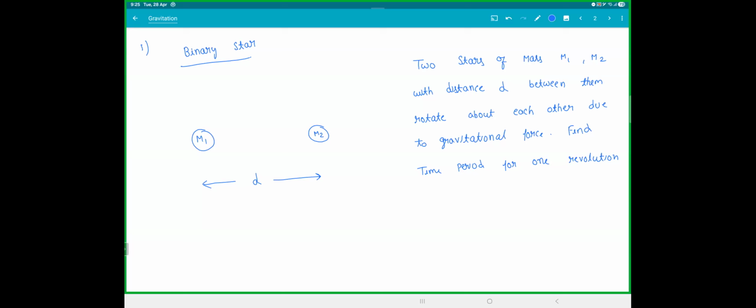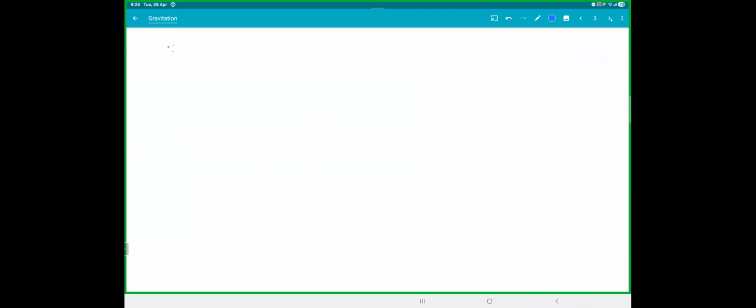That's how you start. So that means they must be rotating about their common center of mass. Since F external is 0, the center of mass is at rest. Therefore, the stars rotate about their common center of mass.